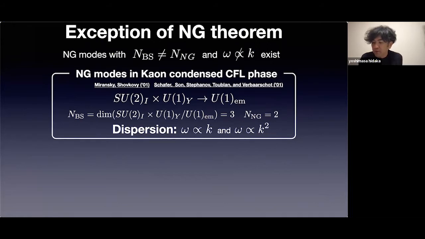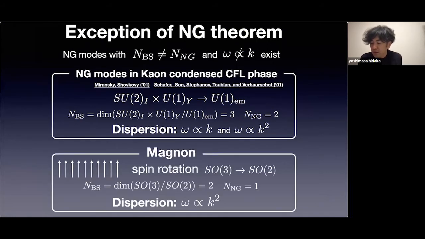If you look at more condensed matter systems, as I already explained, the magnon is the Nambu-Goldstone mode in the magnet. In the magnet there is spin, and it is aligned. The system has a spin rotation symmetry SO(3), which is broken down to SO(2) when the spin is aligned.